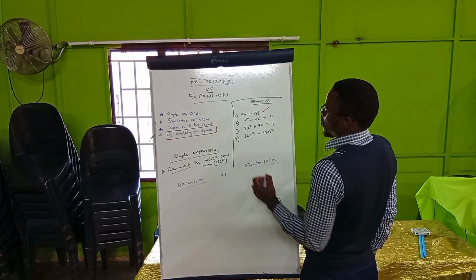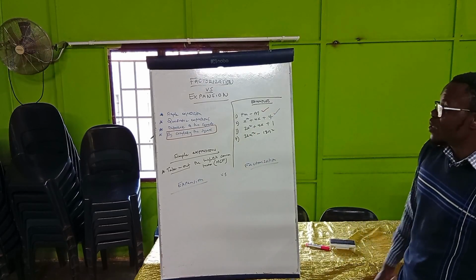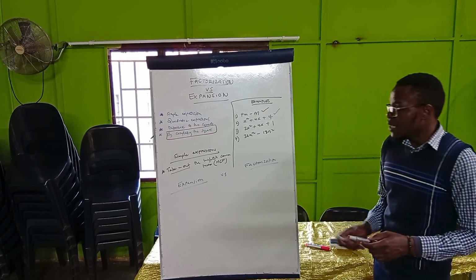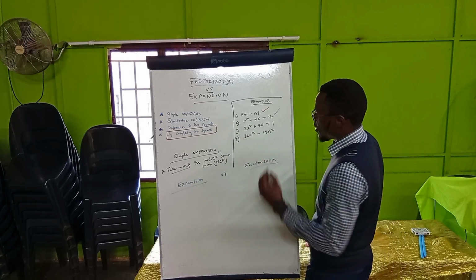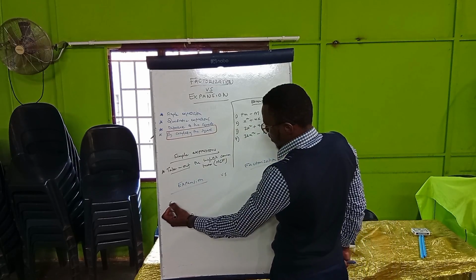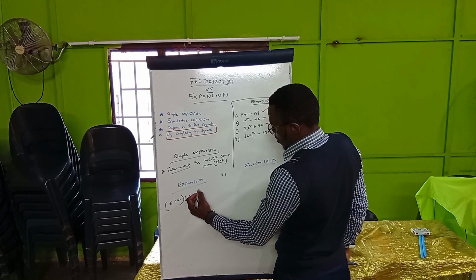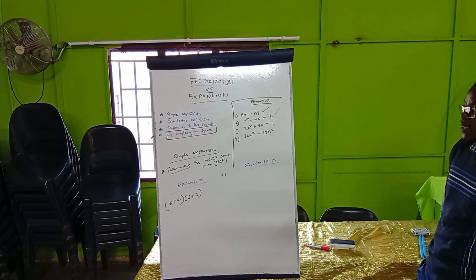Now, in this case, with respect to quadratic expressions, you notice that in fact this, when it is factorized, it will be x plus 2, x plus 2. So we need to first expand x plus 2 and x plus 2.